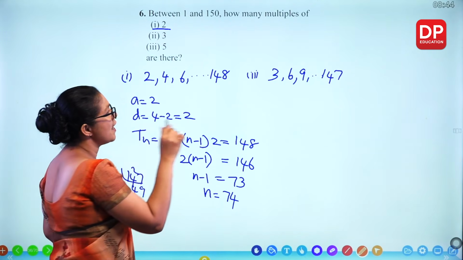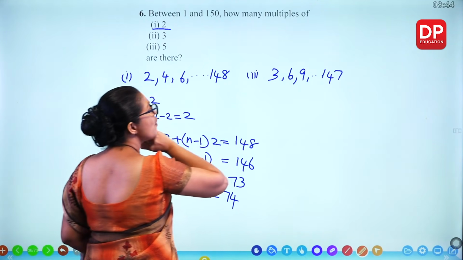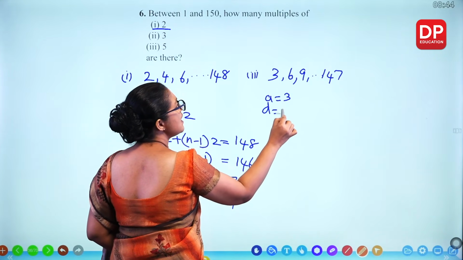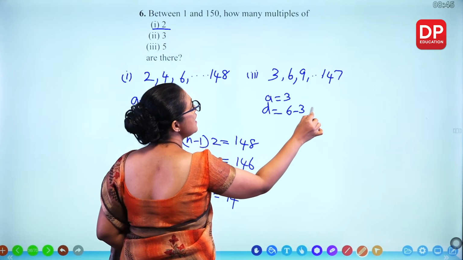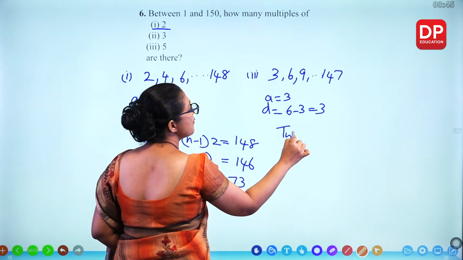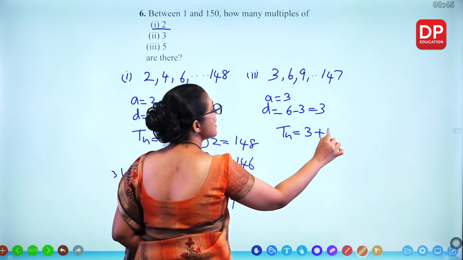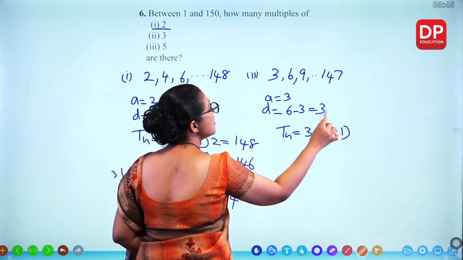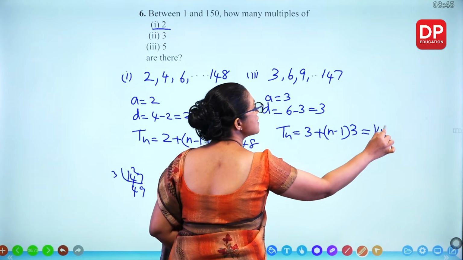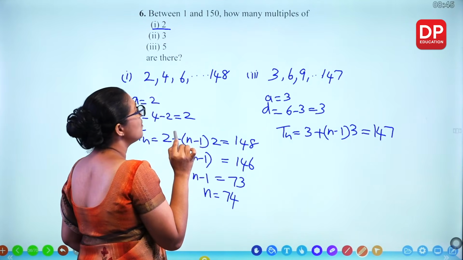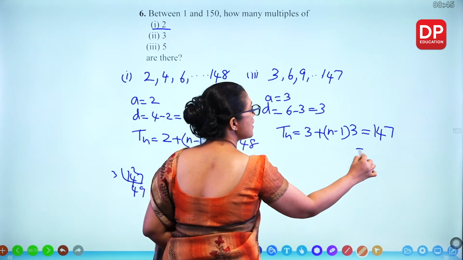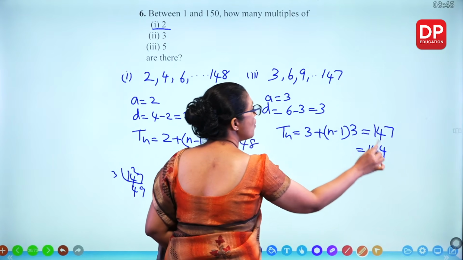Now we can find out which term is 147. A equals 3. What's D? 6 minus 3, you get 3. So nth term, A plus (n minus 1)D should be equal to 147. Now take 3 to the other side first, you get 144.